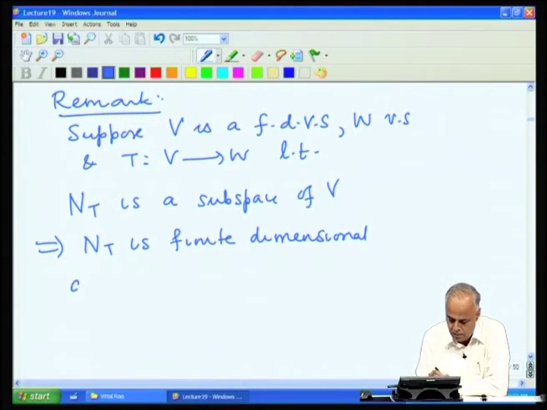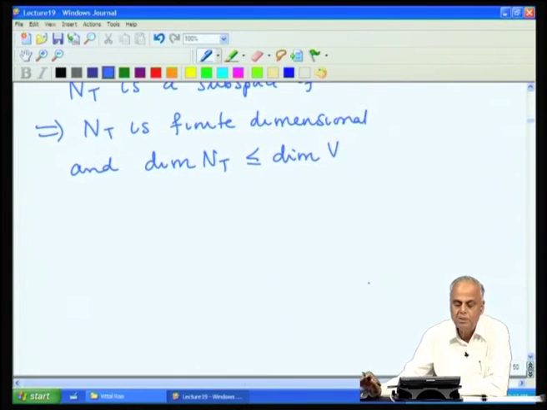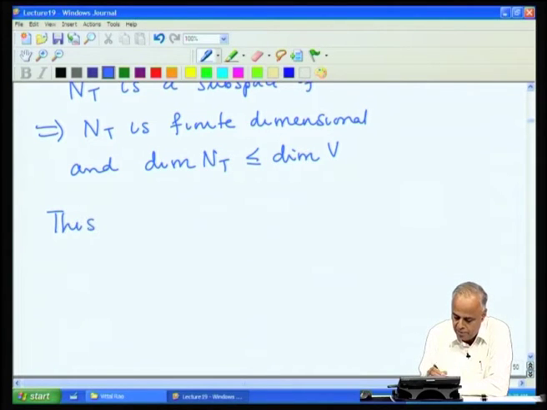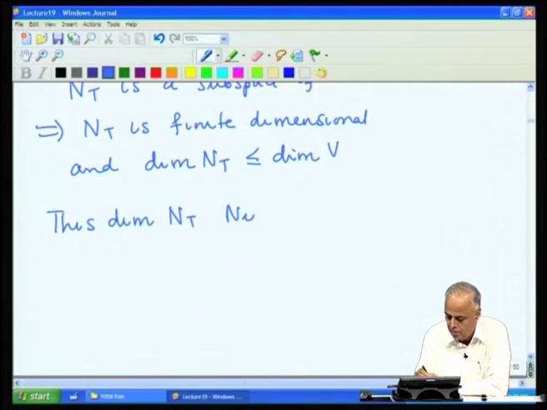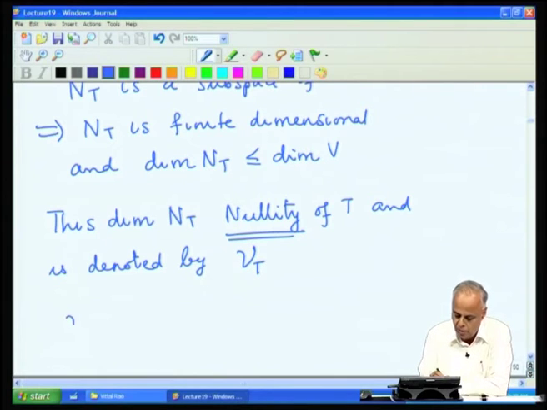and the dimension of NT is less than or equal to the dimension of V, because it is a part of V. This dimension is called the nullity of T, and is denoted by say nu of T. So, what do we have?